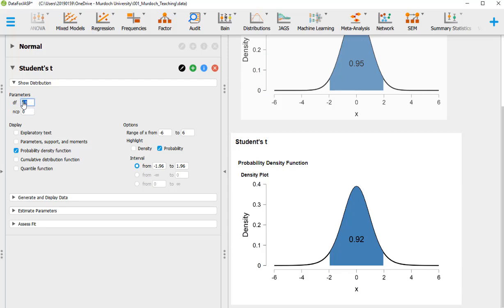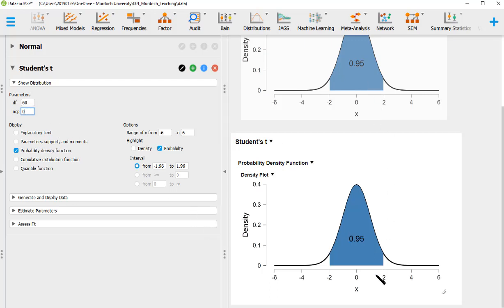So let's put degrees of freedom 5. Okay, so 0.89. But if we put 20, it will become similar to the normal distribution, 94. And if we get 30, still 94.